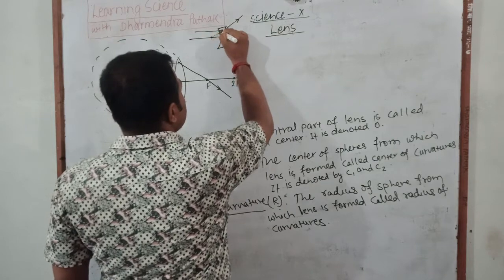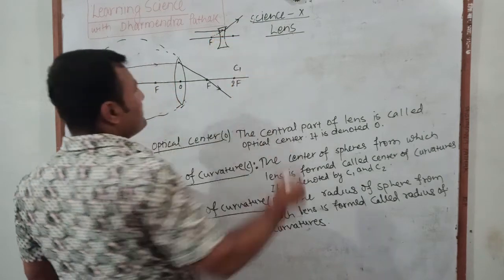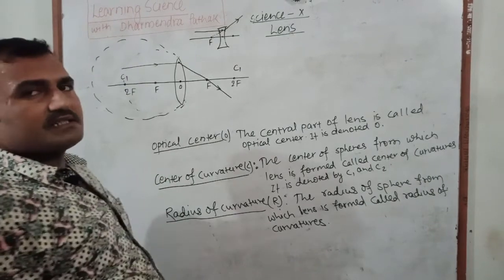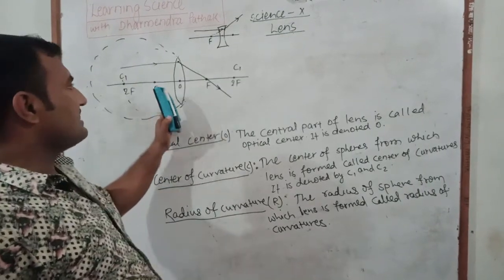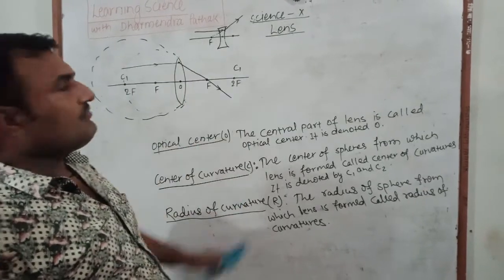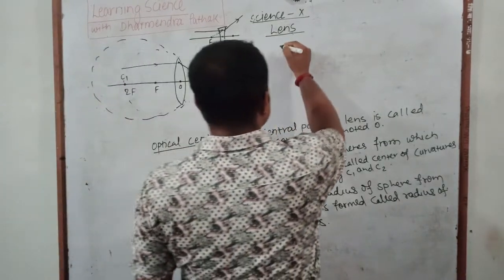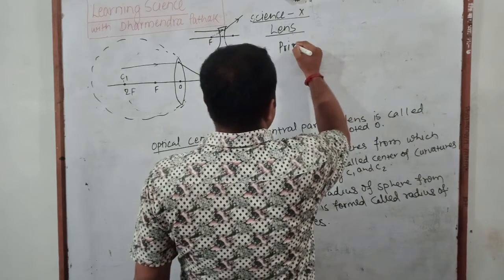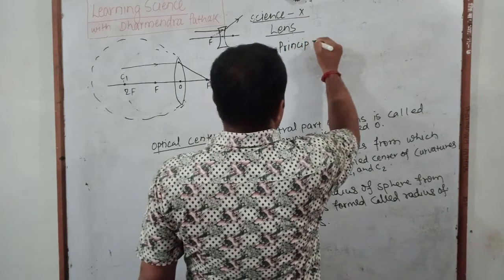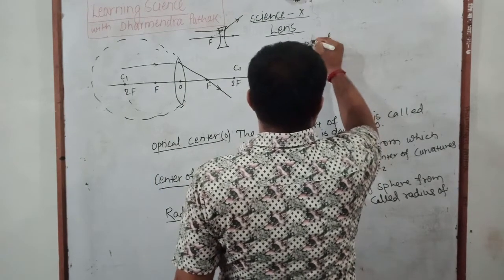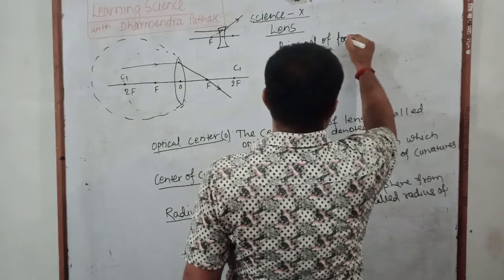In a concave lens, the principal focus lies on the same side as the object, but in a convex lens, it lies on the opposite side of the object. At first we define principal focus.